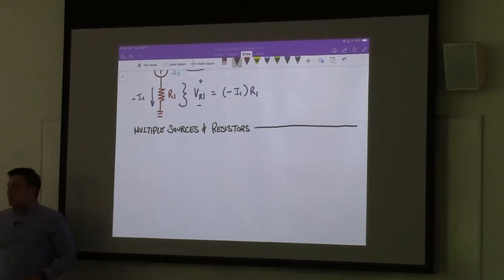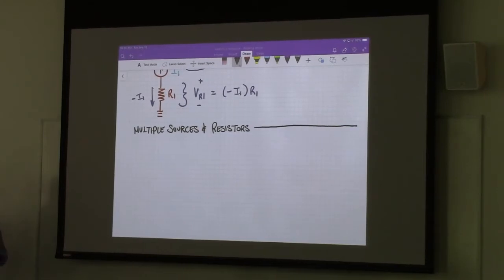And we've already seen that, okay? Our homework problems, many of them have had multiple sources, multiple resistors. But there's some tricks that we can use in order to simplify. And that's going to help us later on. So let's take a look at a circuit that looks like this.